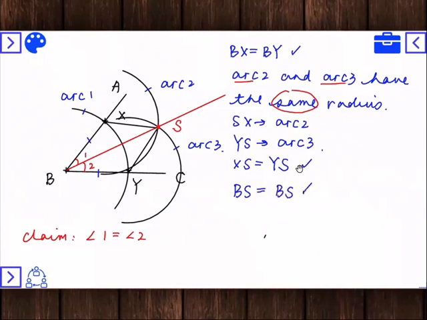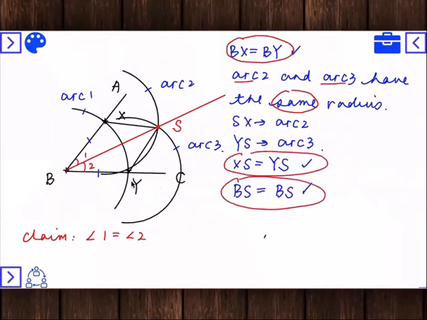Three pieces of information. So let me highlight this, okay? With this piece of information, this piece of information, and this piece of information, we can conclude that triangle BXS and triangle BYS are congruent based on SSS, right?